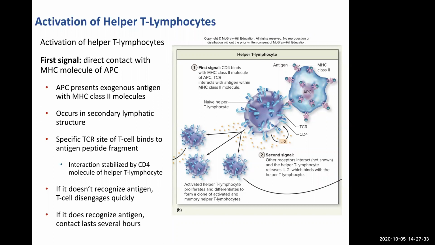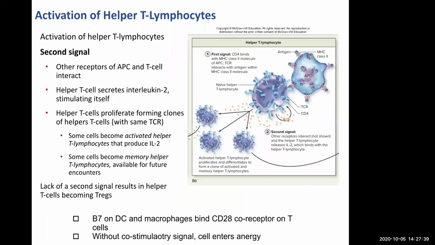The longer the duration of the hug, the more likely it is that the T cell is going to be activated. If that hug goes on for an adequate amount of time, the T helper cell will start to secrete IL-2, which is interleukin 2. That's a cytokine.